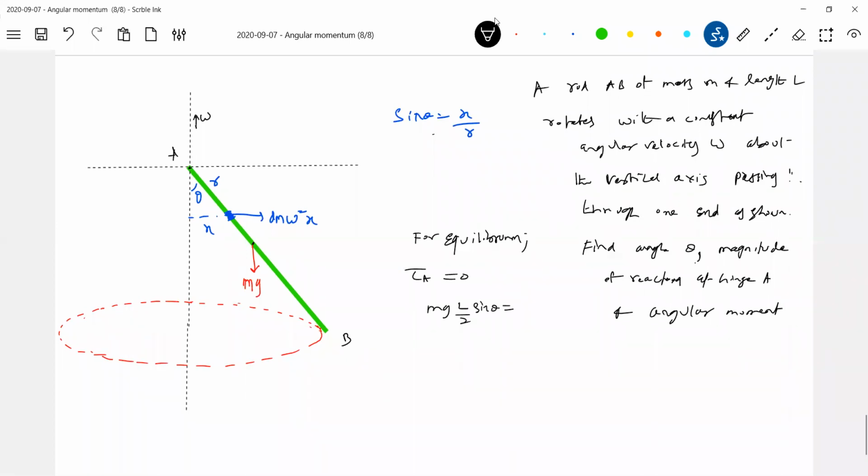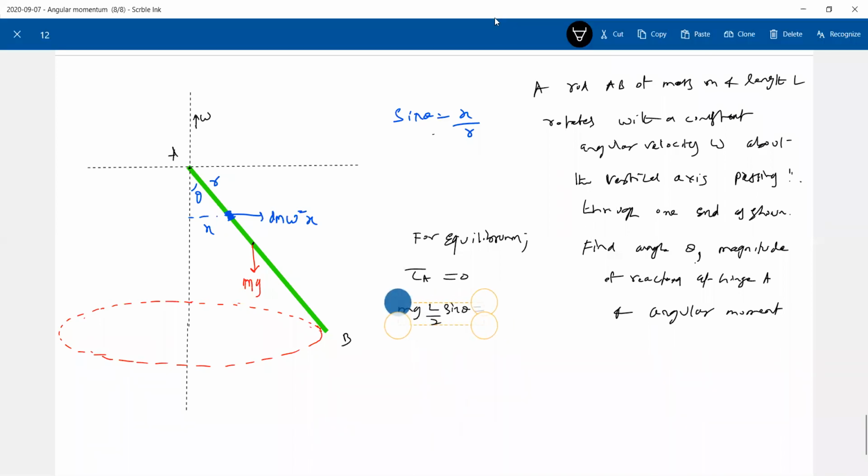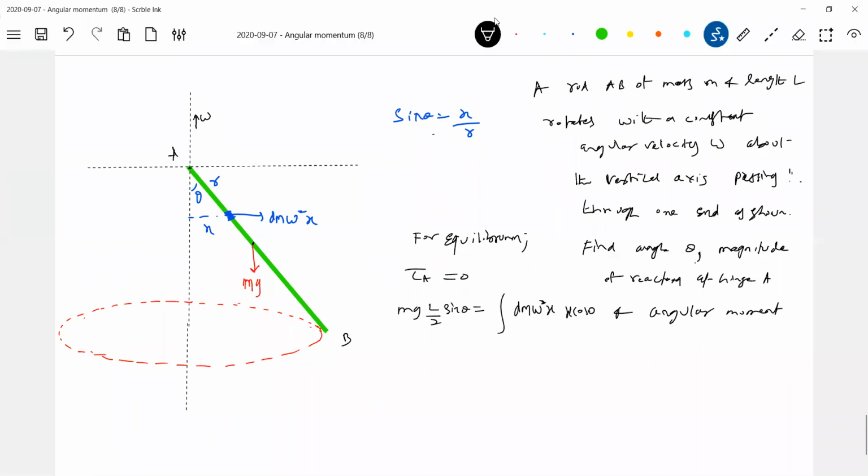This should be equal to the torque due to centrifugal force, integral of dm omega square x cos theta. Where did I bring this from? dm omega square x will act like this, so what is this distance? x cos theta, force into perpendicular distance.